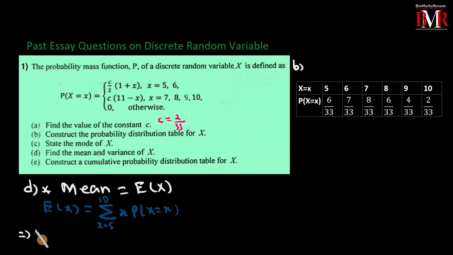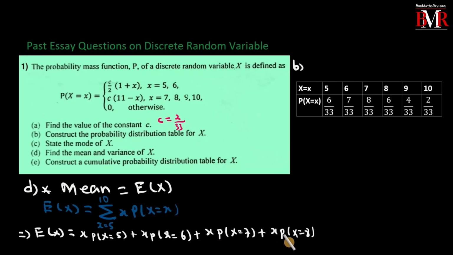That means the expectation E of x is equal to x times the probability of x equals 5, plus x times the probability of x equals 6, plus x times the probability of x equals 7, plus x times the probability of x equals 8, plus x times the probability of x equals 9, plus x times the probability of x equals 10.